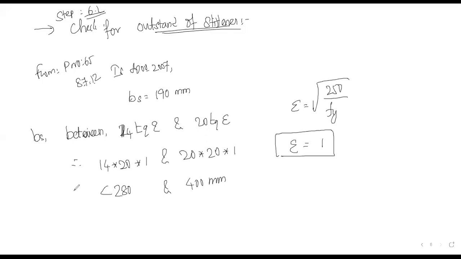BS is 190 mm, which is lesser than this value, so let us try the remaining checks to see whether it will withstand safely. If it is safe, then we can leave it.